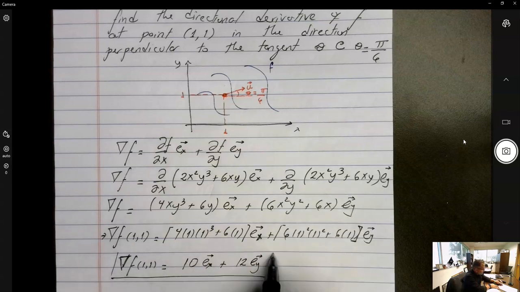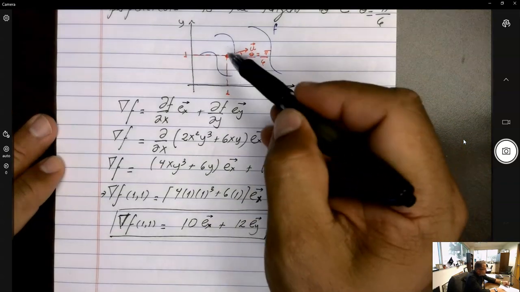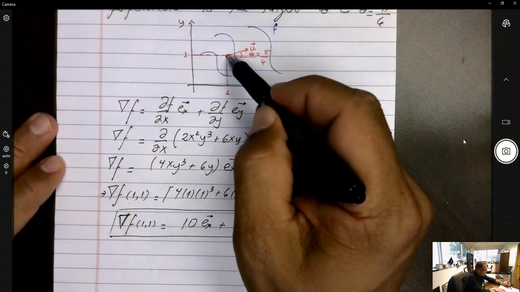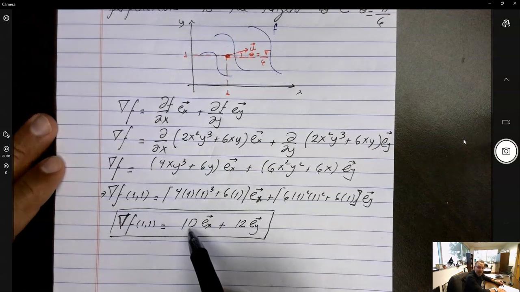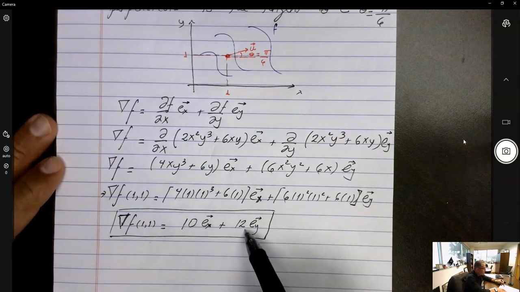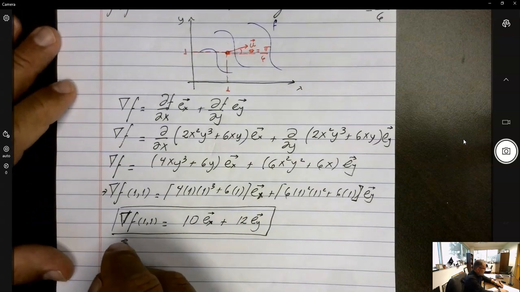This is not a directional derivative because we still have a vector, but it's a vector with just 2 numbers. So this is essentially the gradient of this function at this particular location. It is increasing at a rate of 10 in the x direction and a rate of 12 in the y direction. Okay, so now we want to calculate the vector u.